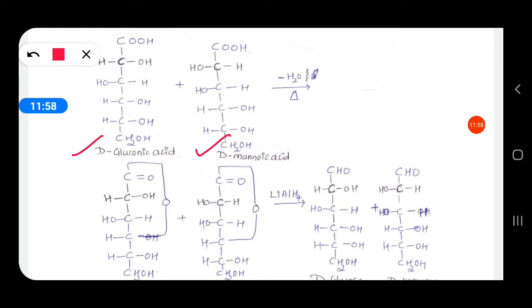So again the same step, this acid should be converted into aldehyde. For that, initially it is converted into a lactone ring, then reduction. So on heating, the two acids are converted into corresponding gamma lactones, and these lactones, being solid compounds, are separated by fractional crystallization.